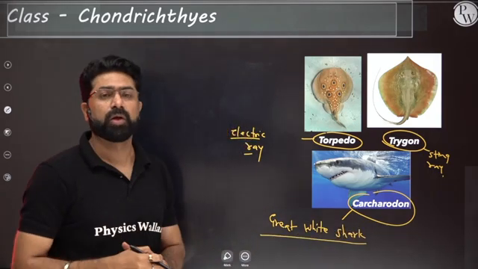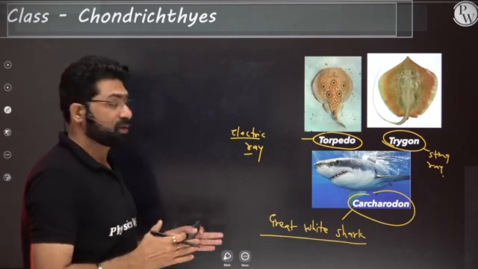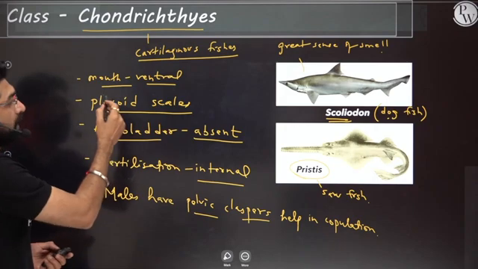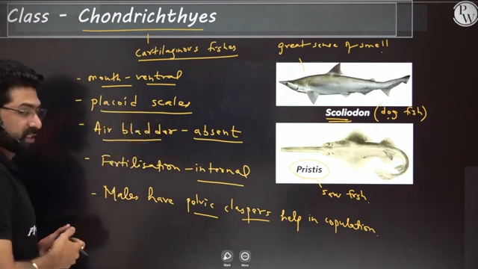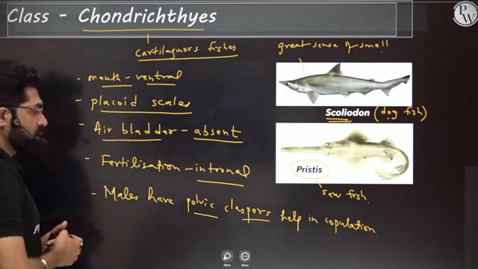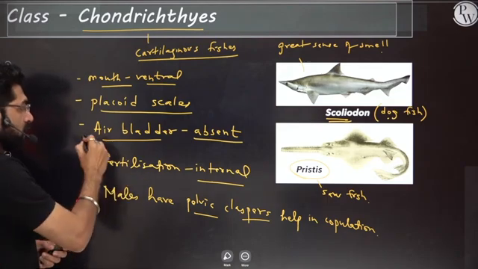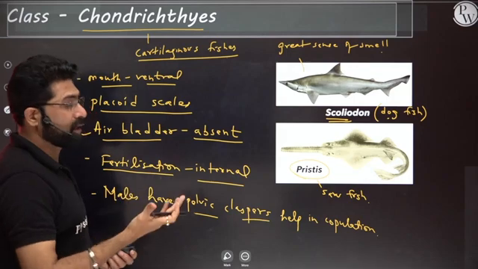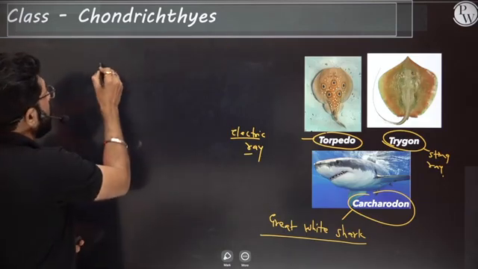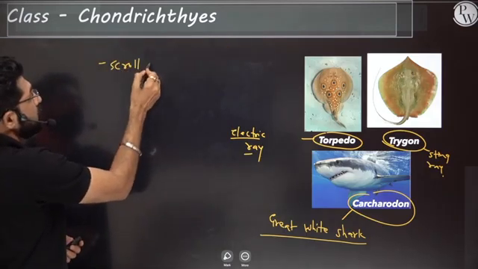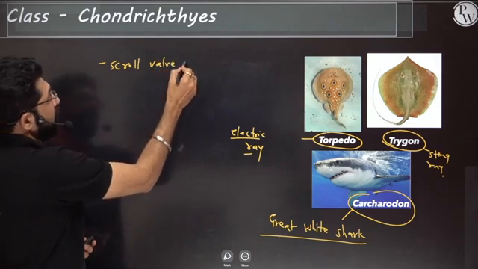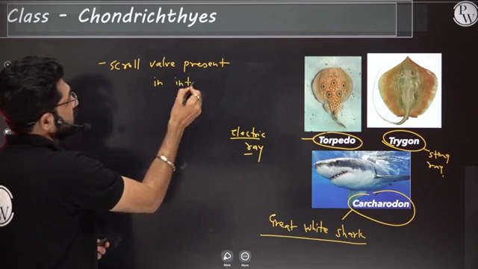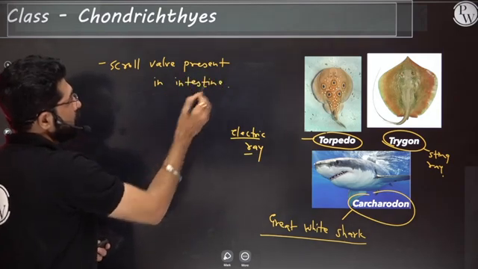Is it clear? So you understood the general characters we talked about: mouth is ventral, placoid scales are present, air bladder is absent, and fertilization is internal. A few more important points: scroll valve is present in the intestine.